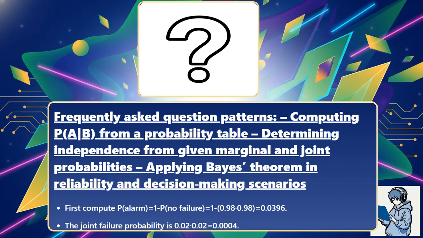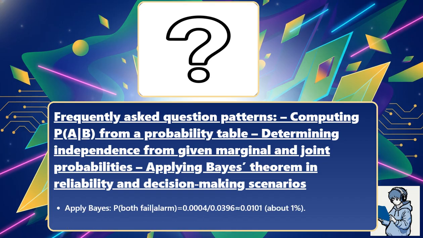The joint failure probability is 0.02 times 0.02 equals 0.0004. Apply Bayes. P(both fail given alarm) equals 0.0004 divided by 0.0396, approximately 0.0101, about 1%. These templates help you structure your solution quickly during exams.